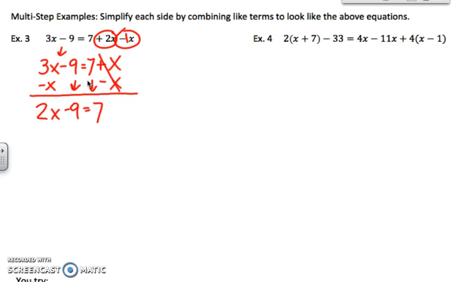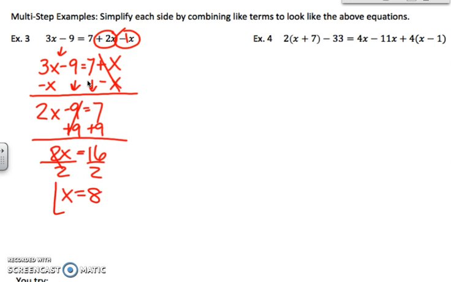So now you will see a familiar two-step problem where you need to get rid of this -9 by plussing a 9 on both sides. 7 plus 9 is 16 equals 2x. So then I'm going to divide by 2 and get x equals 8. Okay?